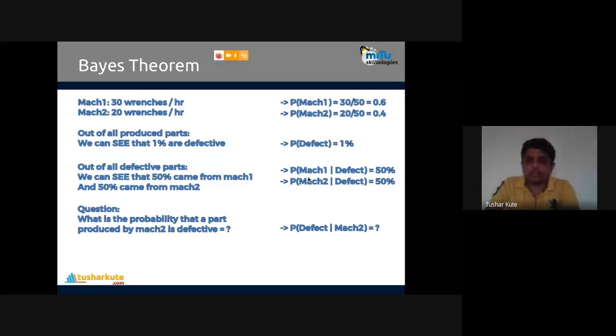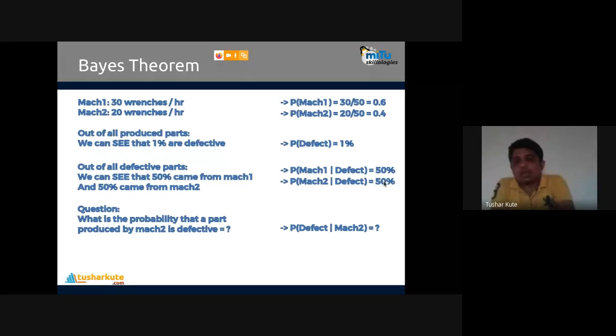Now this is your conditional probability. Out of all the defective spanners, how many are from machine 1? 50%. Machine 2? 50%. The defective spanner is from machine 1 with 50% probability, from machine 2 with 50% probability.